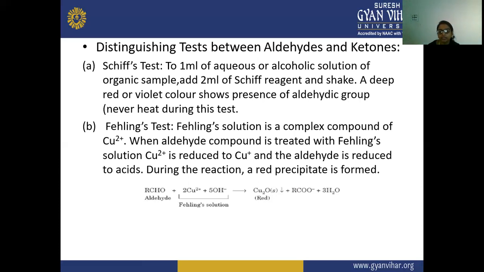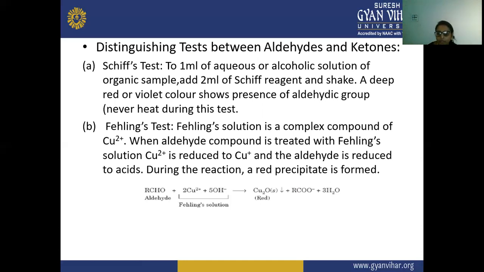In that organic sample, for which we have already made the aqueous or alcoholic solution, we have to add our Schiff reagent and shake well. 2 ml of the Schiff reagent is added, and we shake the test tube, and after that we will see a deep red or violet color, which shows the presence of the aldehyde group.